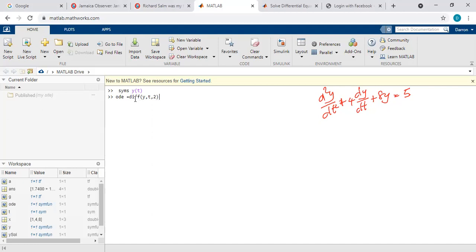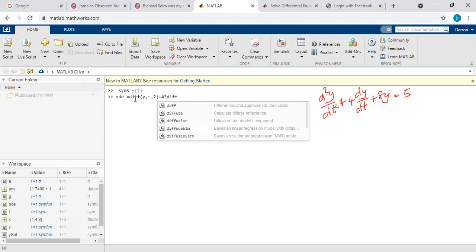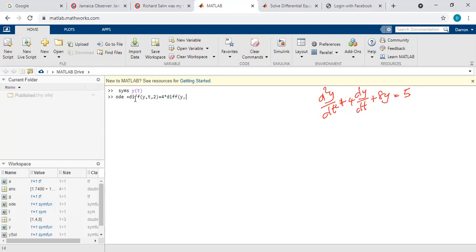And then it is plus 4 times the derivative, so we put diff y comma t, plus 8 times y is equal to.